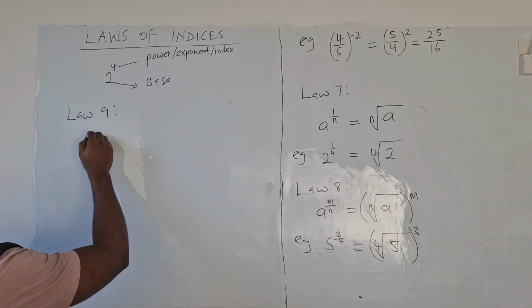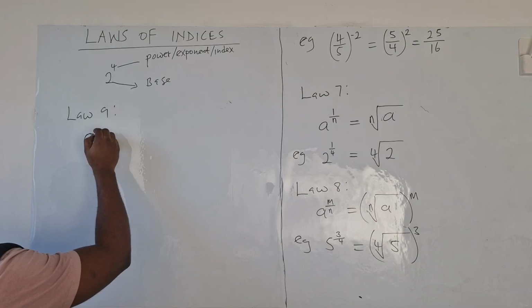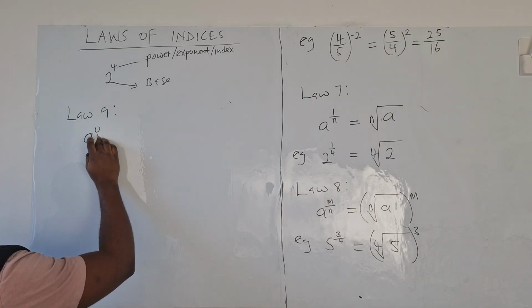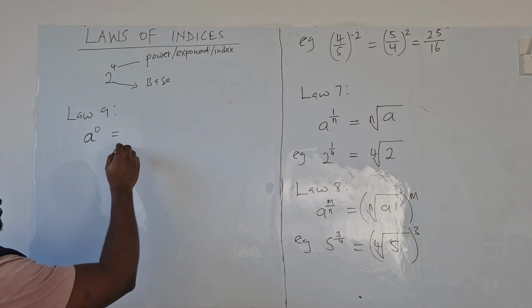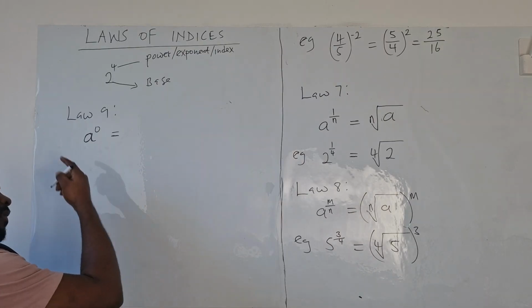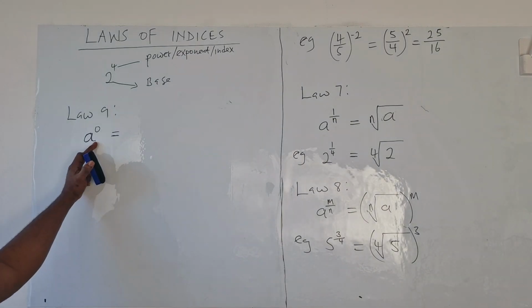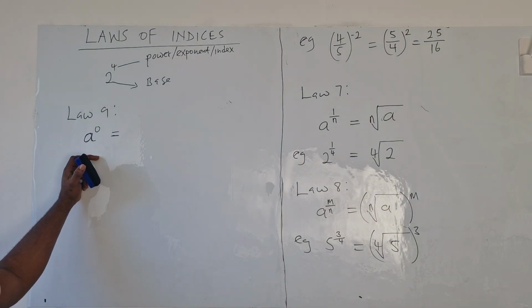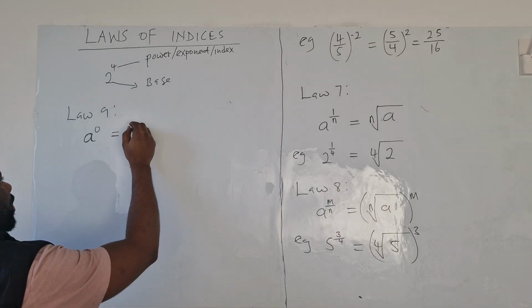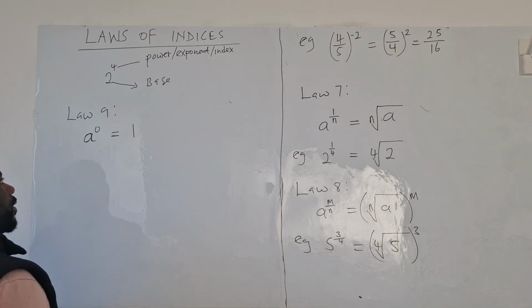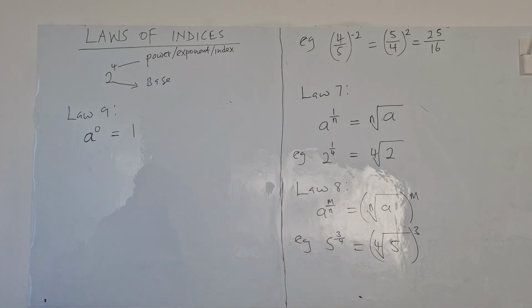So a raised to the power 0 is equal to, now the a being a base here stands for anything. So anything raised to the power 0, the answer is always 1.